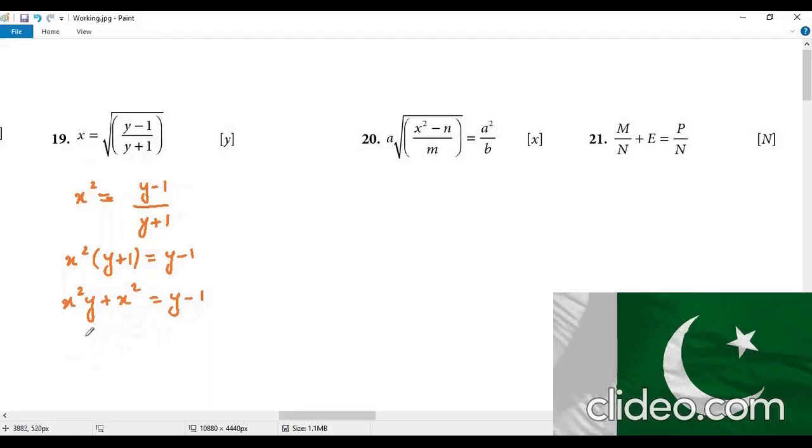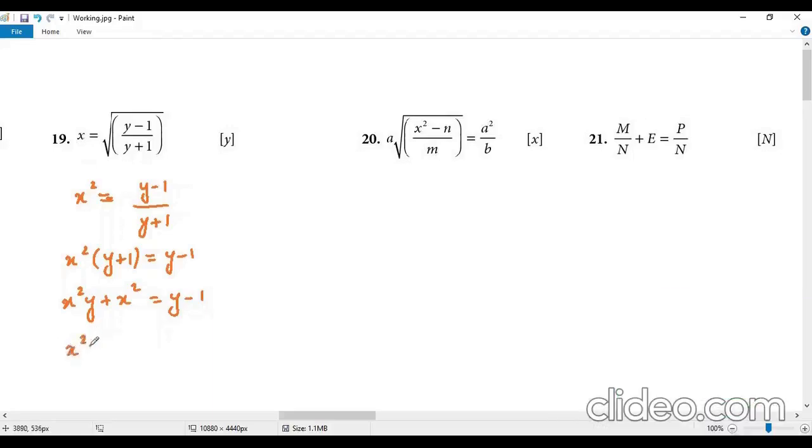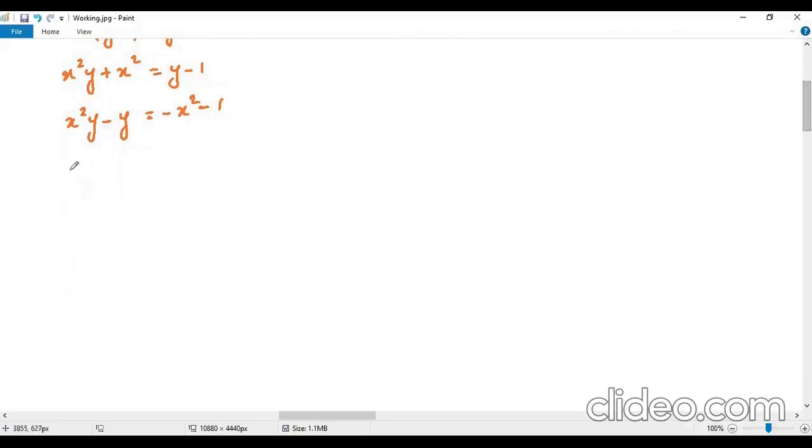Now I'll keep the like terms together, x square y, and bring this y on the other side, and it becomes a negative y equals minus x square minus 1. So this is going to be y common, and x square minus 1, and here negative is common, x square plus 1.